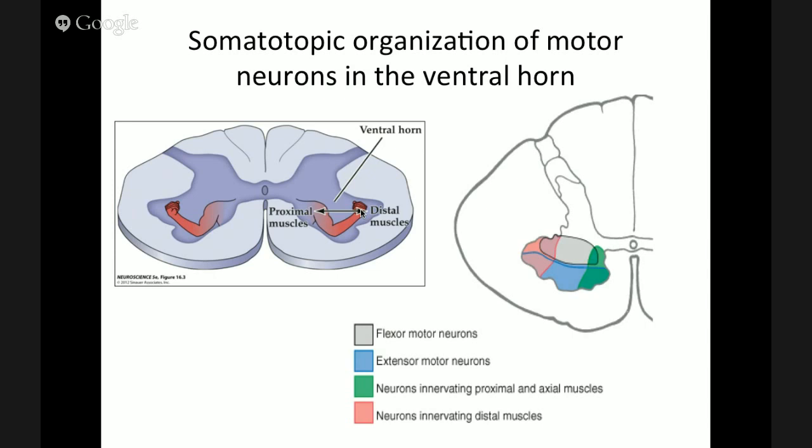The lower motor neurons that innervate these muscles are organized somatotopically, with the lower motor neurons innervating the axial muscles tending to be located most medially in the ventral horn, and then progressively as you move laterally in the ventral horn, you're passing through lower motor neurons which innervate proximal limb muscles, and then most laterally are the lower motor neurons that innervate the muscles of the most distal limb. There's also some topographic organization based on whether the lower motor neurons are innervating flexor muscles versus extensors.